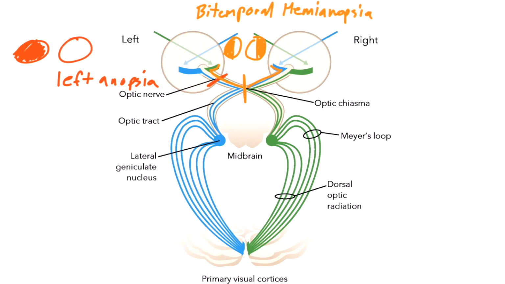So now let's say we damage the dorsal optic radiations on the left side. So that would be these right here. The next thing we would determine is the retinal dysfunction. Now the dorsal optic radiations are responsible for the upper retina. So the left optic tract right here carried information to the lateral geniculate nucleus from the left side of each retina, which means this right nasal hemiretina, which decussated, and then this left temporal hemiretina, which did not decussate.